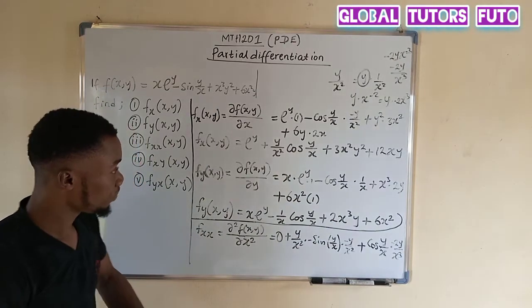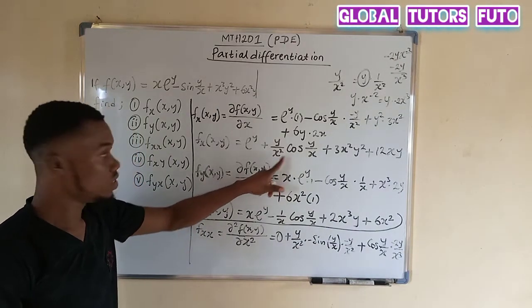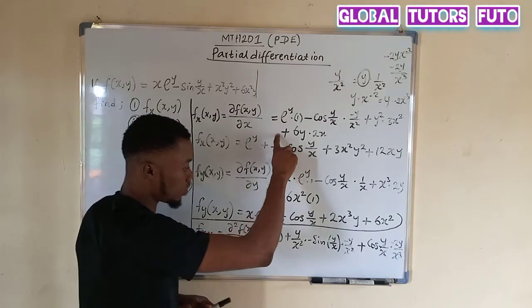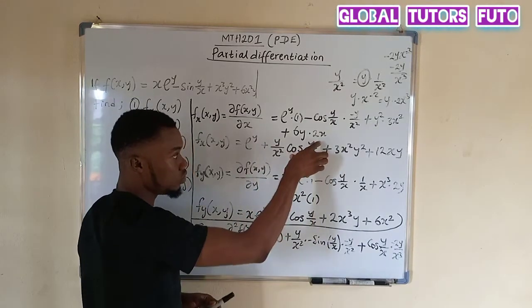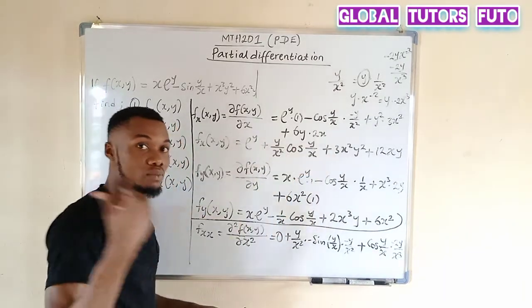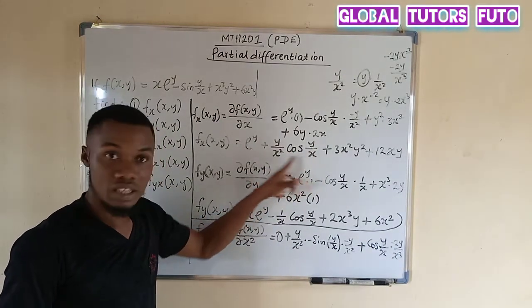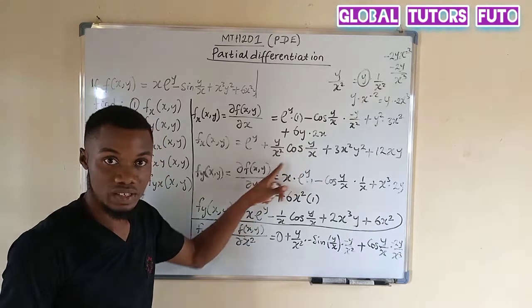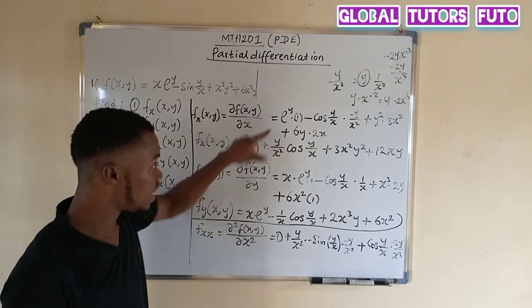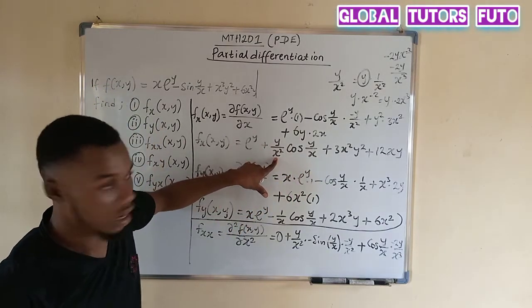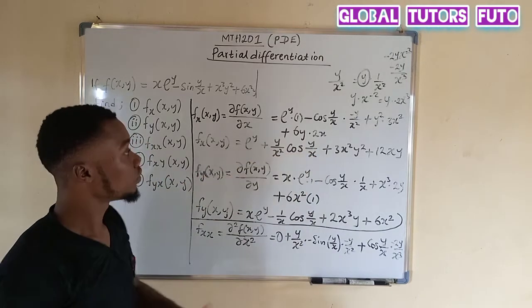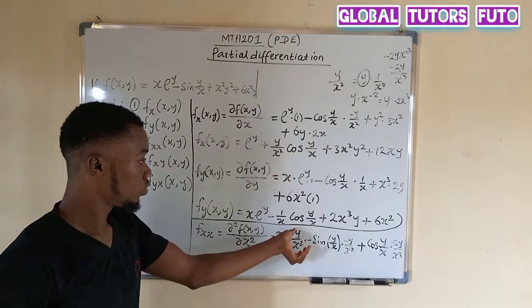So don't forget u dv. You keep this one constant. You differentiate this. The reason why I am doing this is because x occurs in two places. In this particular thing, x occurs in two places. So we respect this x that is here and also respect the other x that is here. u dv.